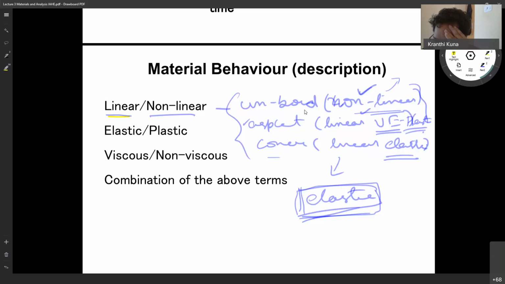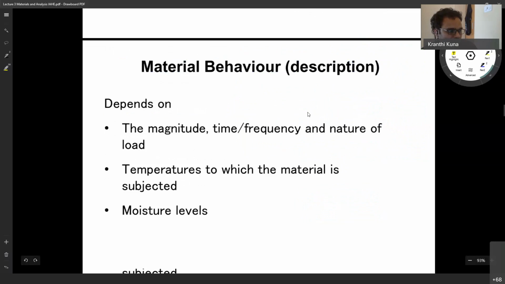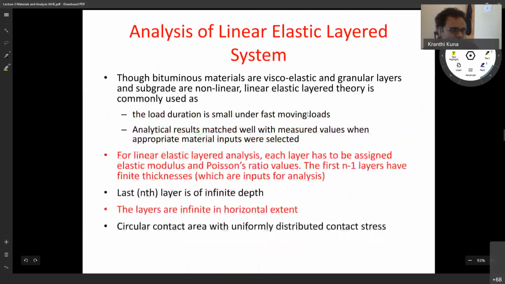But in theory, we assume all the layers are elastic, as I indicate in the next slides. Though bituminous materials are viscoelastic, actually we should also say viscoelastic plastic. Plastic means there will be some permanent deformation for every load application. Granular layers and substrates are non-linear elastic. Only linear elastic layered theory is commonly used. Linear elastic theory only.